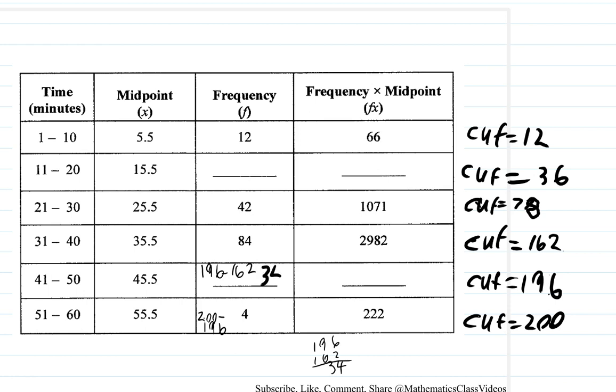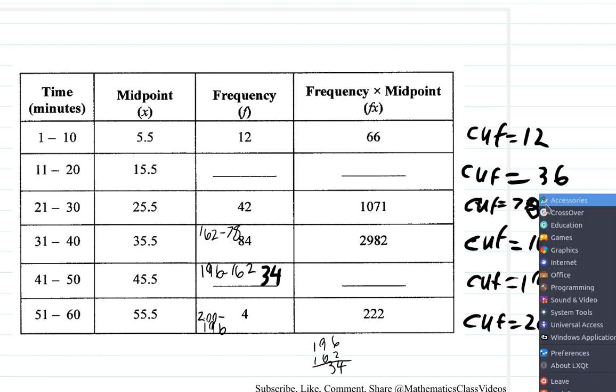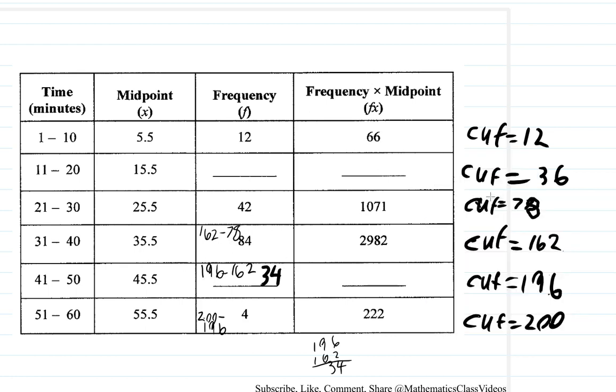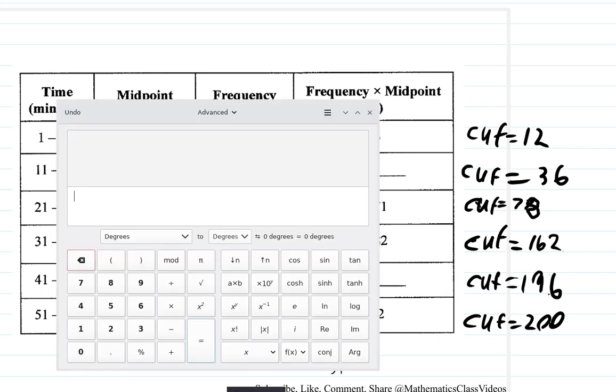You should have a 34 here, right? This one would have been this cumulative frequency, 162, minus the previous cumulative frequency, 78. What is 162 minus 78? So let's find that out.